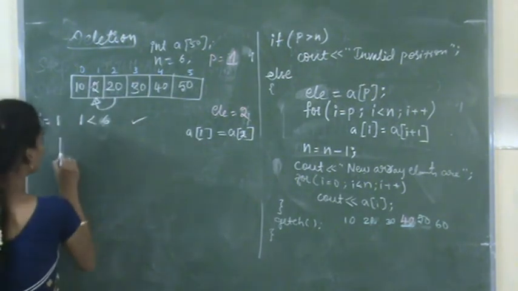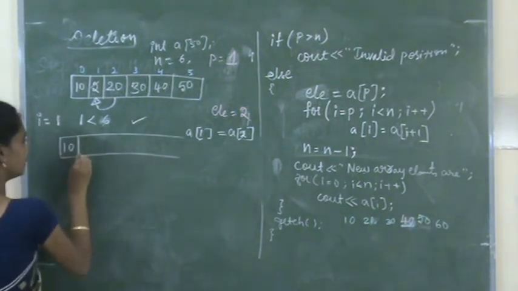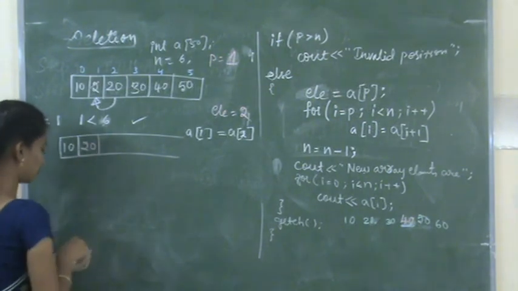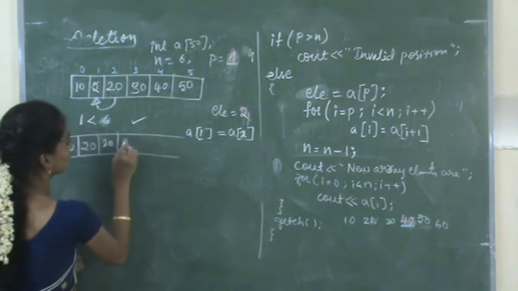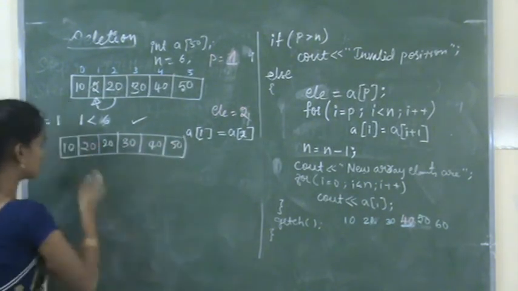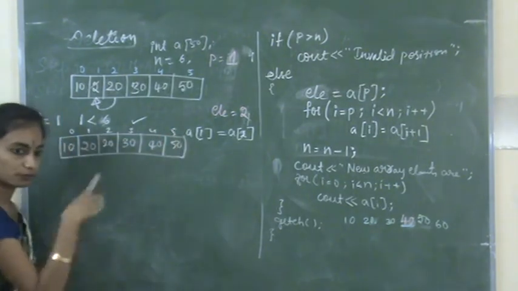So now this array becomes 10, 20. So this is the array after performing one iteration of the for loop.